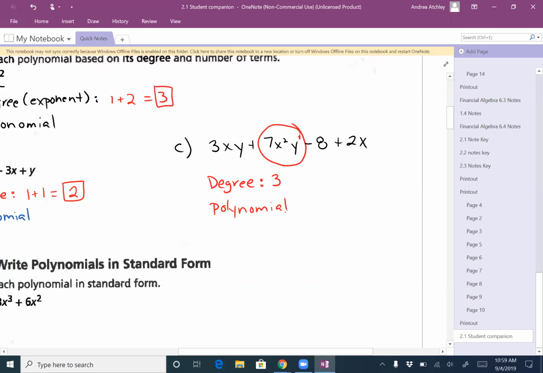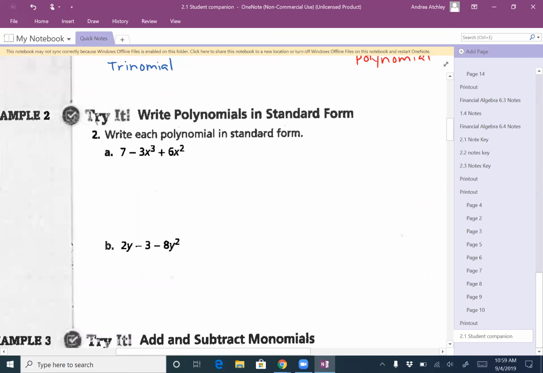Okay. Now we talked about standard form yesterday. Okay, and standard form, can somebody read the definition that's on those notes at the very bottom for me? Go for it.